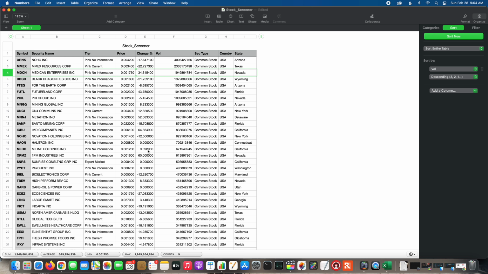I like something that's bottom basement bargain price, but something that does have buying interest. It does have volume. And something that at least has some sort of story associated with it. Ideally, something that would have great share structure, a stock that's able to move quickly with a minimal amount of volume.